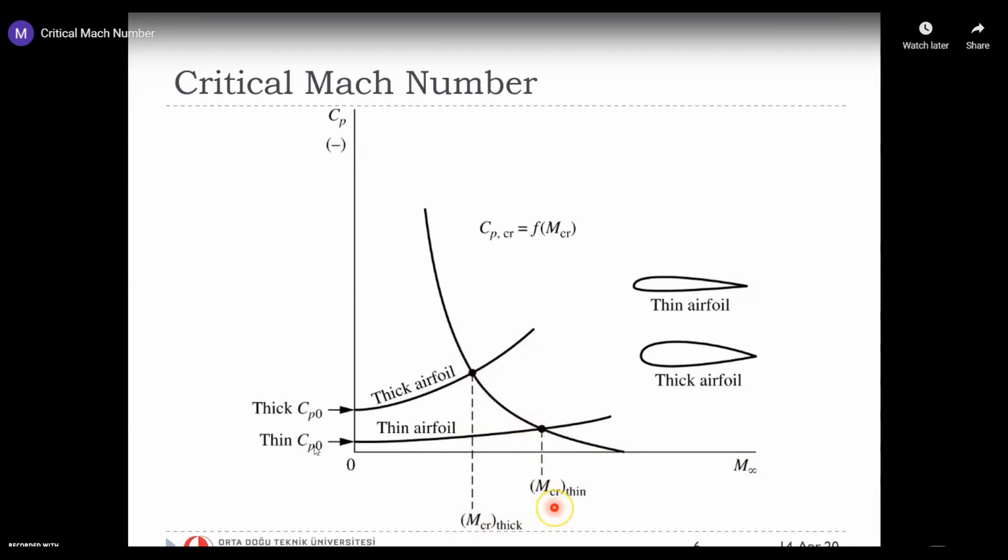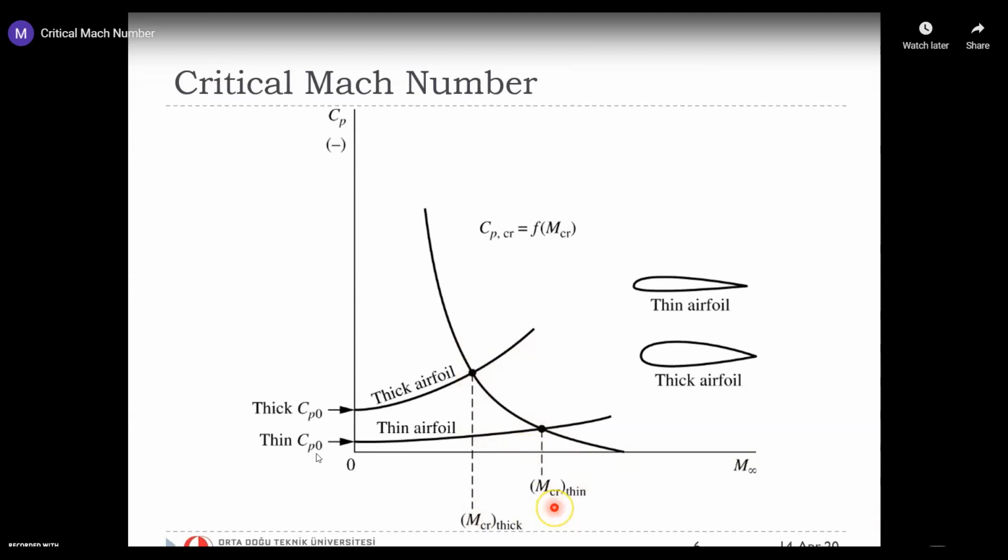This CP0 will be different if the airfoil is operating at an angle of attack. This CP0 will be actually more negative, and you can see this axis is reversed. CP is a standard usage in aerodynamics. We generally show reversed CP axis. So if you go up here, it's more negative.